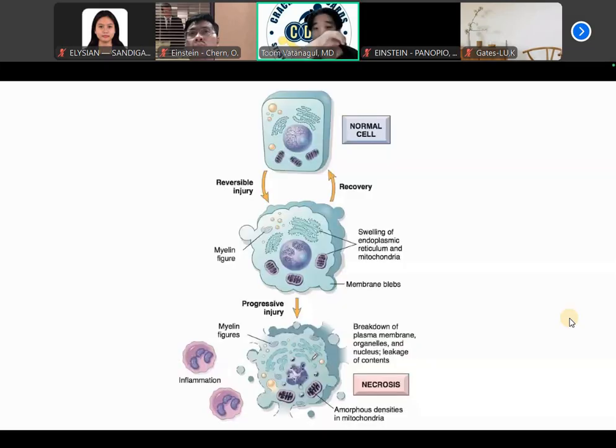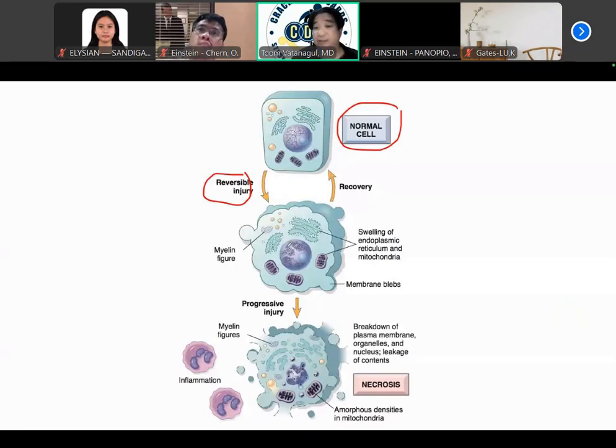Now, I want to show you this figure. Ganda. Here's the normal cell under homeostasis. We mentioned that a cell can adapt, the cell can recover, and the cell goes back to normal homeostasis. When there's reversible injury, what again is the earliest manifestation?